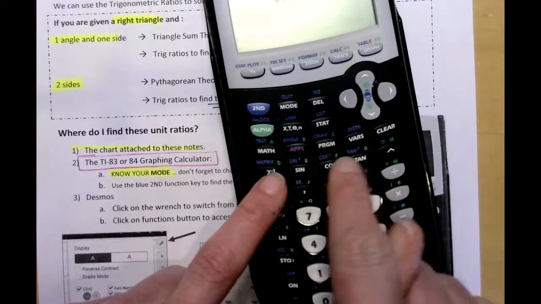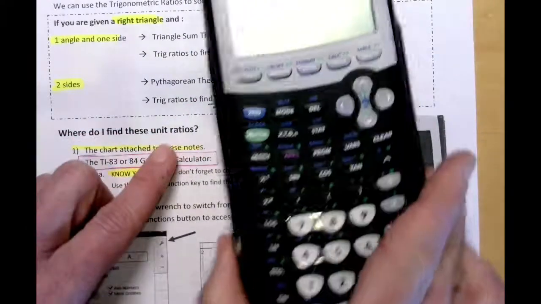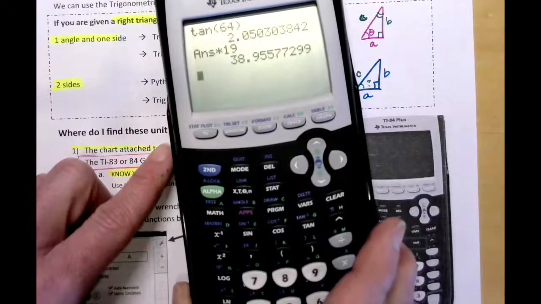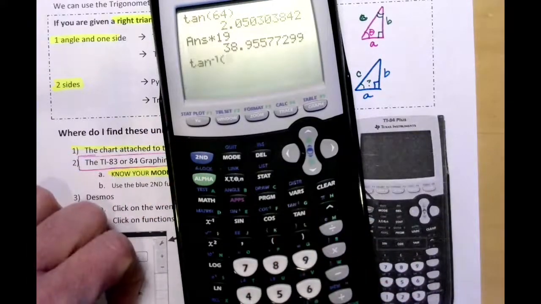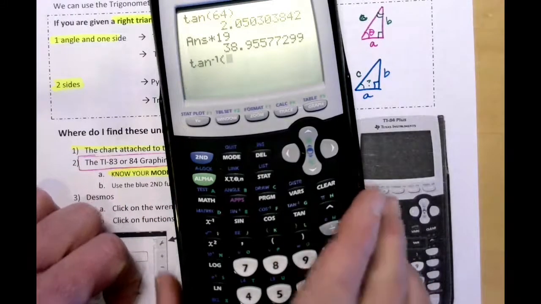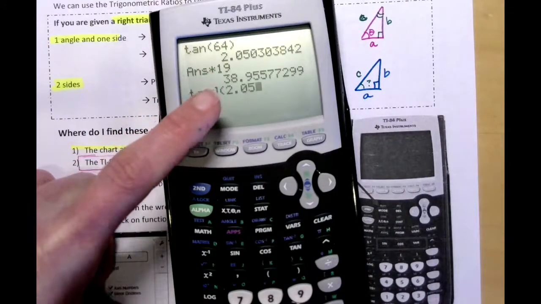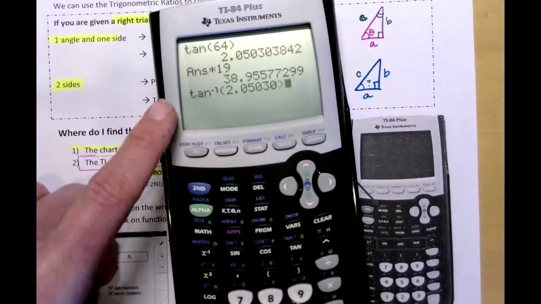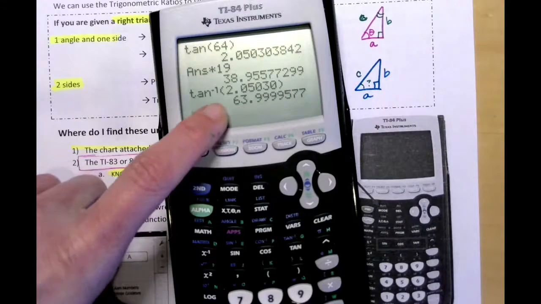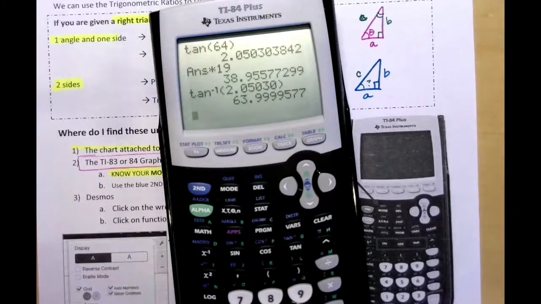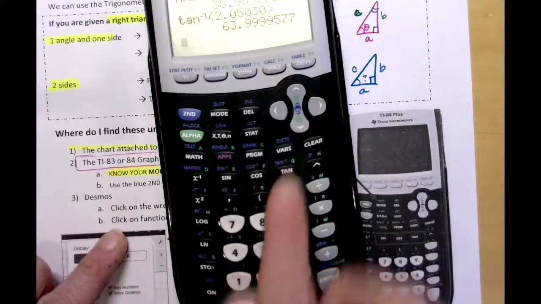That's the inverse function, and we find that by using this blue key. So let's say we ask the calculator, what angle has a tangent value of 2.05030, and it'll tell me, oh, that's a 64-degree angle. So you use the inverse functions when you're finding the angle, and you use the straight functions when you need the ratio.